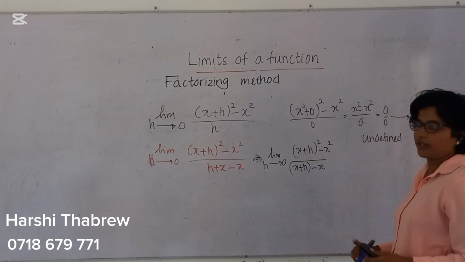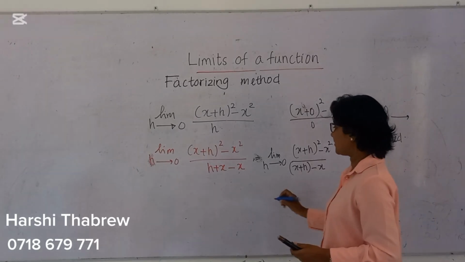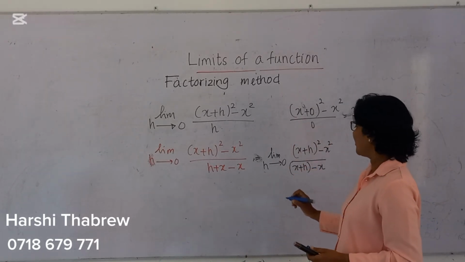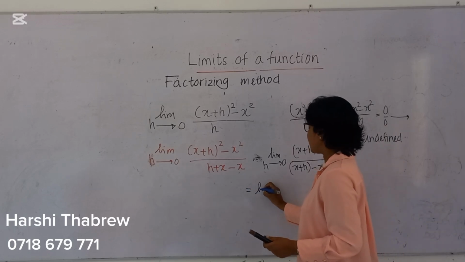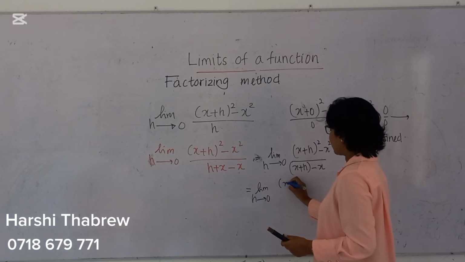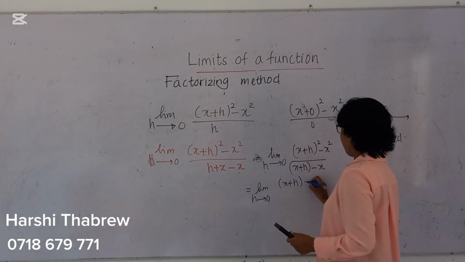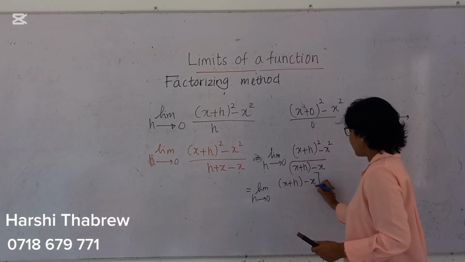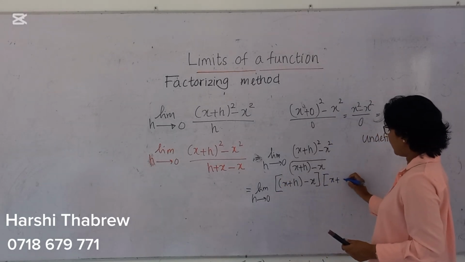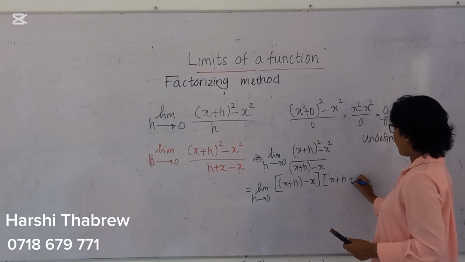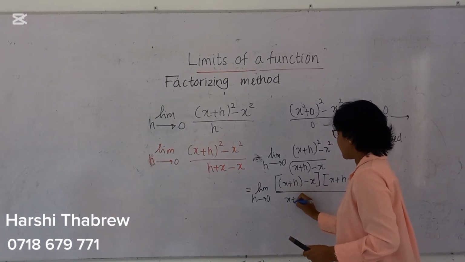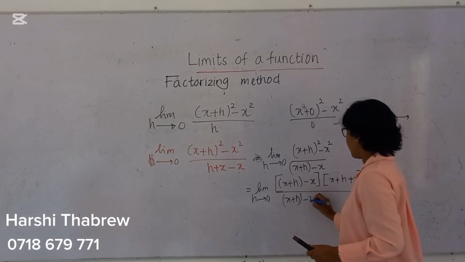Then what can we do for it? We can factorize it by using the knowledge of difference of two squares. The limit as h approaches 0, this is x plus h minus x times x plus h plus x over this x plus h minus x.